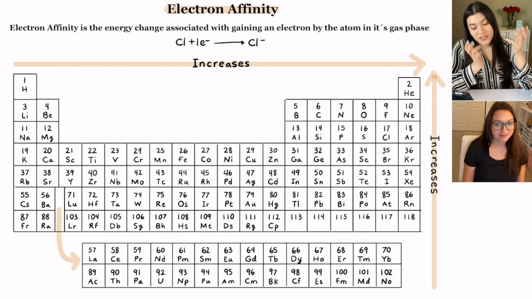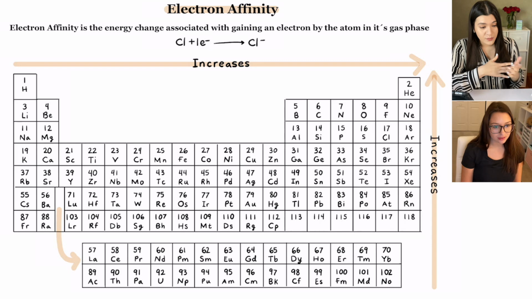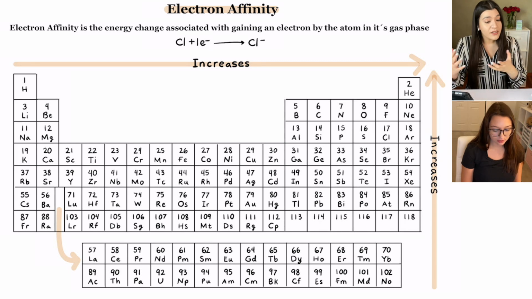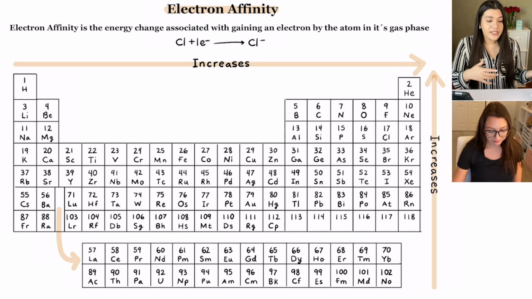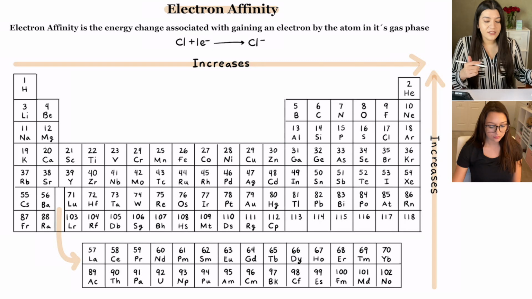All right, so electron affinity is going to be a little different from ionization energy, because with ionization energy we were removing an electron. Now for electron affinity, we're gaining, or adding, an electron. You'll notice the formula is reversed here, because the atom plus electron is now on the reactant side, or left side, instead of the product side, or right side, like we saw before with ionization energy.